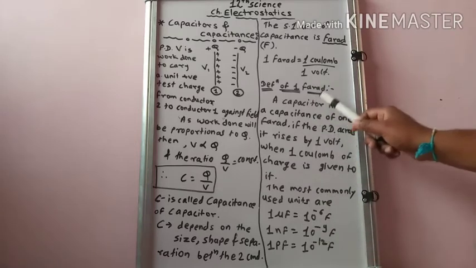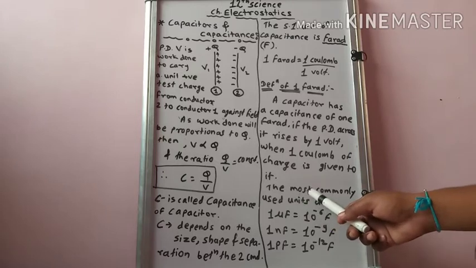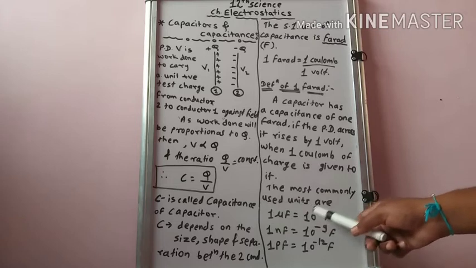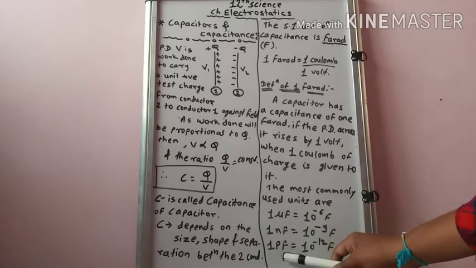But the 1 farad is a big SI unit of capacitance of a capacitor. Mostly some multiples of that unit are used. The most commonly used units are 1 microfarad, 1 nanofarad, 1 picofarad.